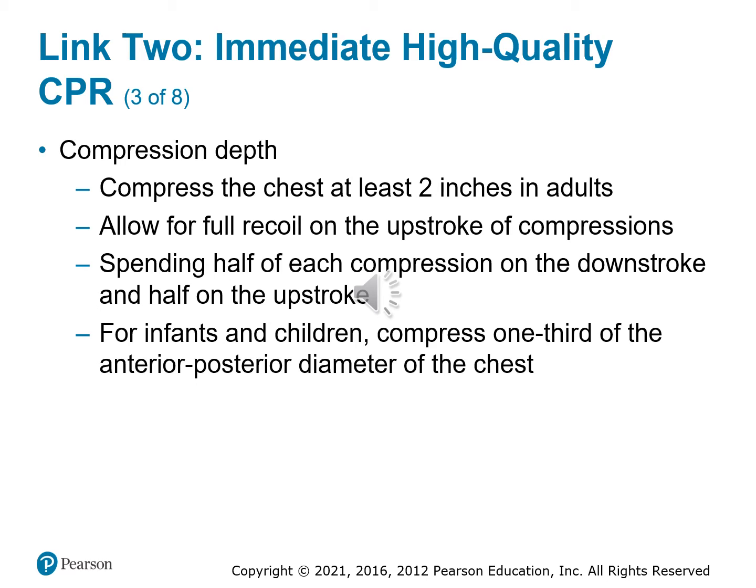Spend half of each compression on the downstroke and half on the upstroke so that we keep a very rhythmic pattern. Now for infants and children, we don't push quite as hard. We're going to compress 1/3 of the anterior posterior diameter of the chest. So again, the infant laying on a hard surface, we're going to compress the chest 1/3 of that AP diameter.